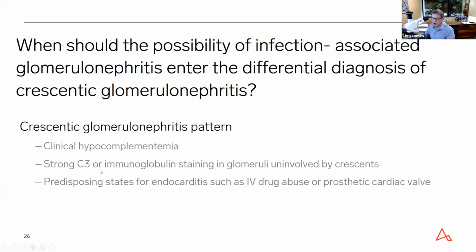Also if we see strong staining by immunofluorescence, C3 or immunoglobulin, in the glomeruli that are not involved by crescents, and if they have predisposing states, such as IV drug abuse or a prosthetic cardiac valve. These are patients where it might be worthwhile to be sure that when you have a crescentic glomerulonephritis on biopsy, you're not actually dealing with an endocarditis-associated glomerulonephritis.